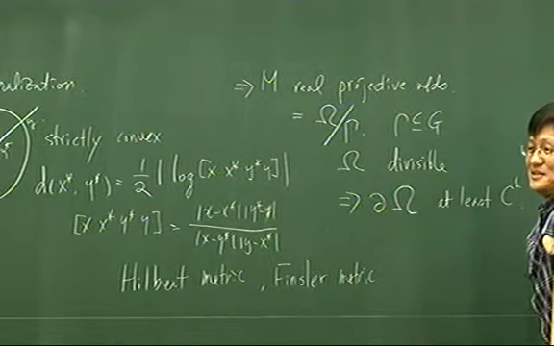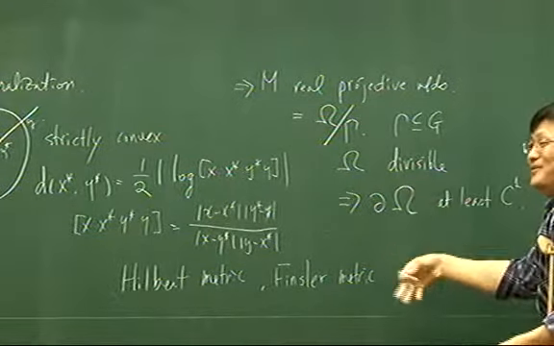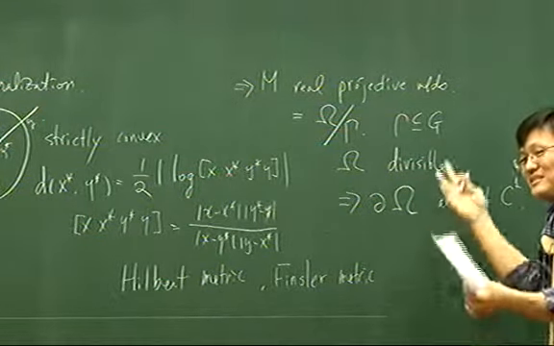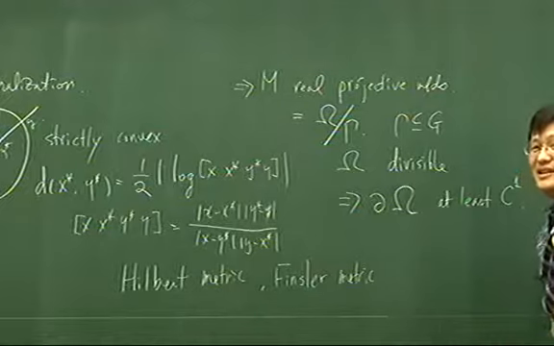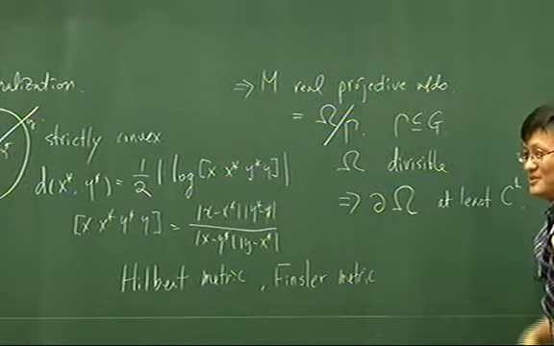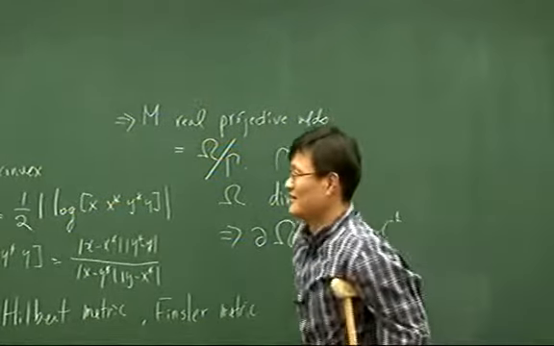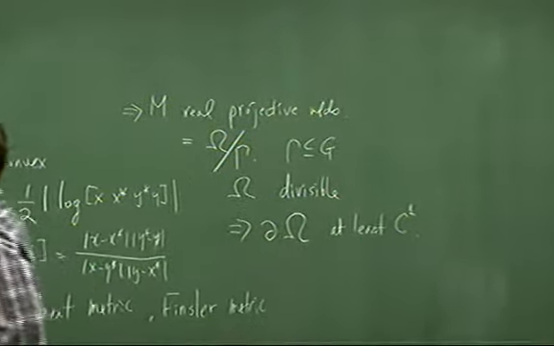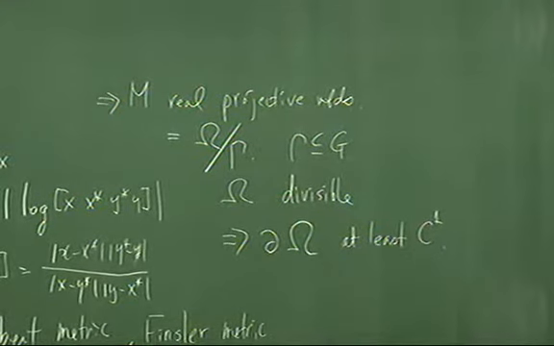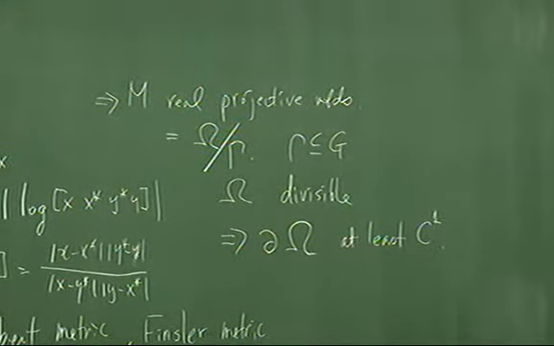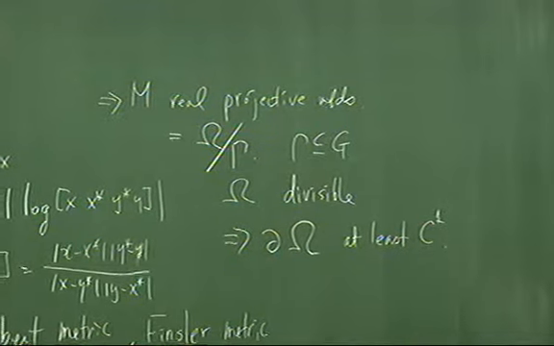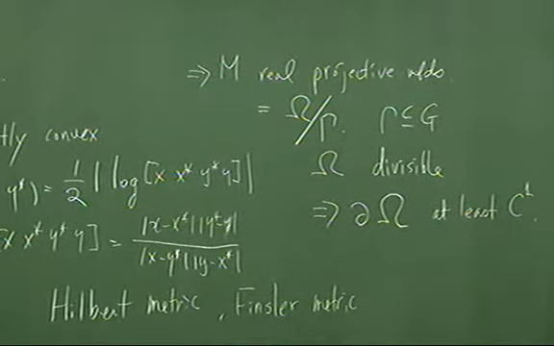Okay. So if you draw some convex domain which does not have C1 boundary, then there's no such a group. Do you have any questions? The graduate students.